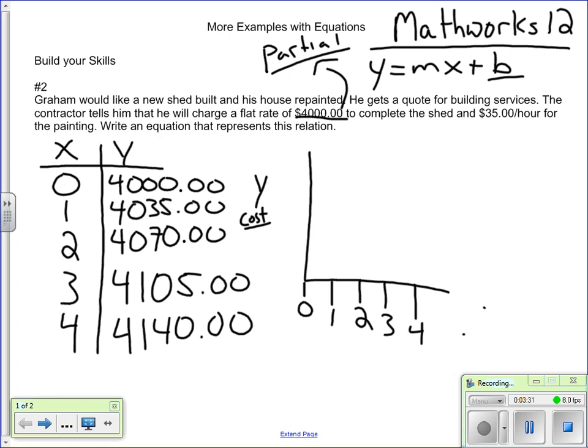And so what we would notice on our graph is that at time 0, we're starting at $4,000, and that's just the flat rate for the shed, and it's going to go up in a linear relation.